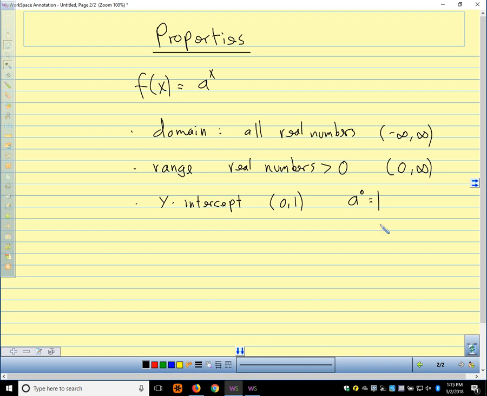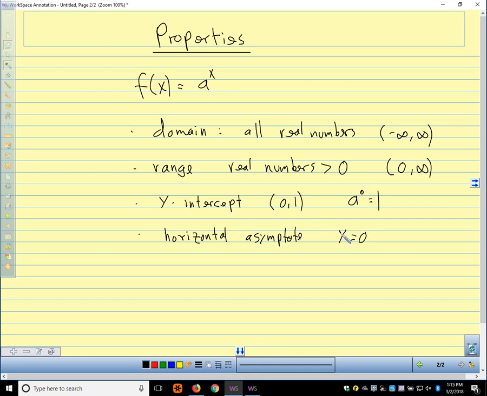So any unshifted exponential function is going to go through the point (0, 1), no matter what. Since the range is real numbers greater than 0, it has a horizontal asymptote at y equals 0. So the x-axis is a horizontal asymptote.